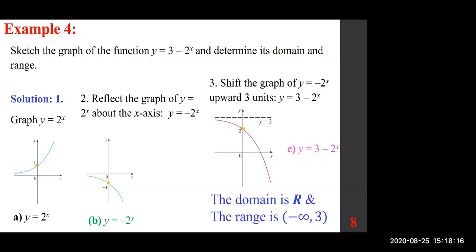I hope everybody is clear on this. So I want to add the horizontal asymptote clearly located at y equals 3. Everybody can see that. Horizontal asymptote at y equals 3. So that's very straightforward. We should have no problem with that.